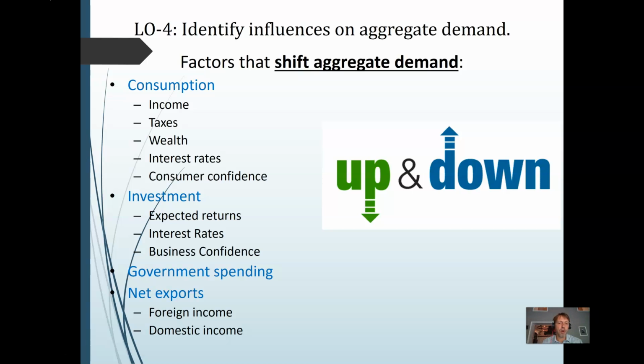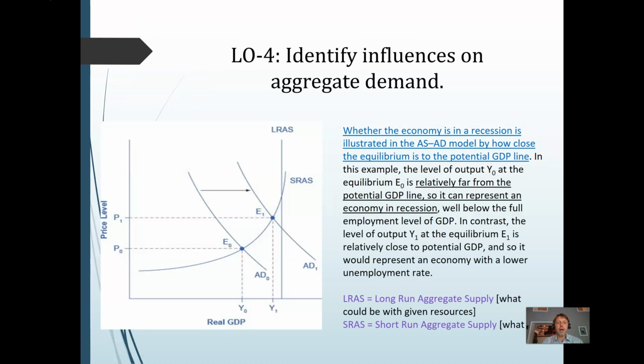Because the price of goods from abroad changes based on whether our dollar is strong or weak compared to, if we're buying German goods, the German Deutschmark or the euro, to Japan, the yen, to China, the RMB. So net exports can change as a result of those relative costs of goods and services because we're dealing in different currencies.